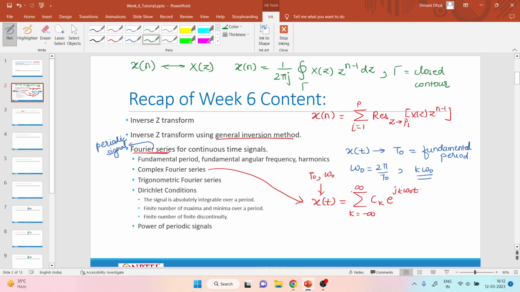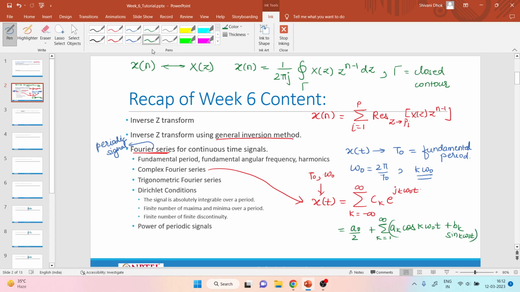Along with the complex Fourier series, we also have the trigonometric Fourier series representation, which is given as a naught by 2 plus summation k running from 1 to infinity a k cos of k times omega naught t plus b k sin of k times omega naught t.